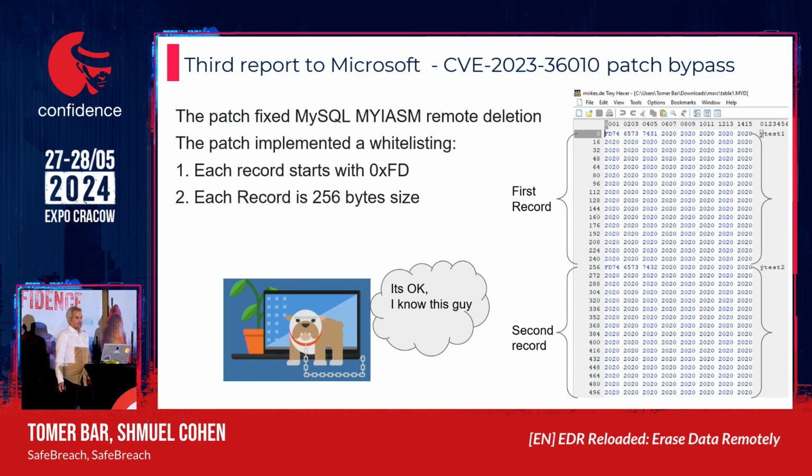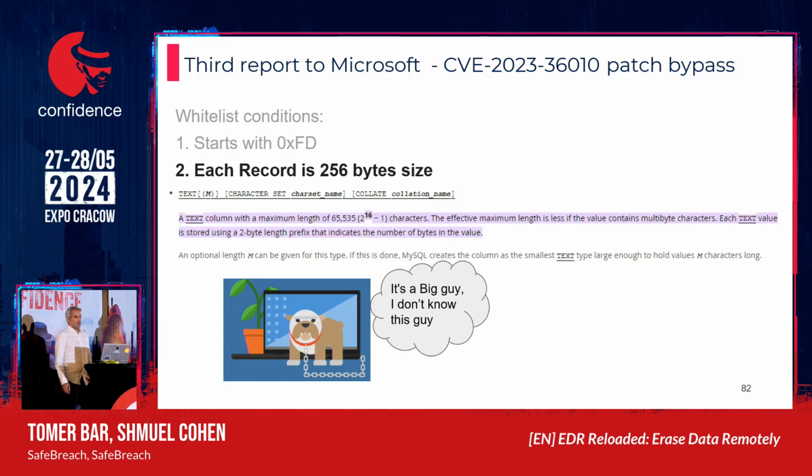Defender checks if the scanned file starts with the FD byte, and if the file size is aligned to 256 bytes. If both conditions are met, it won't be triggered. You understand that it's a database, and it should not trigger a detection, even if it detects a malicious signature inside of it. So our goal now is to bypass the whitelist to trigger the deletion of this database file.